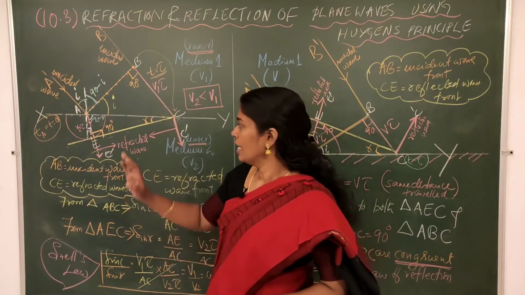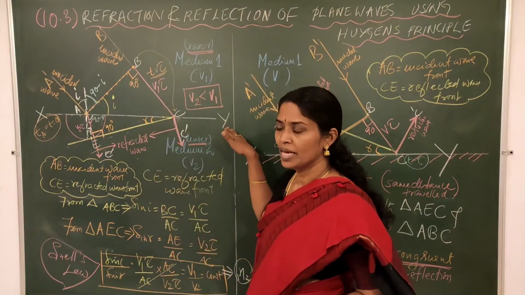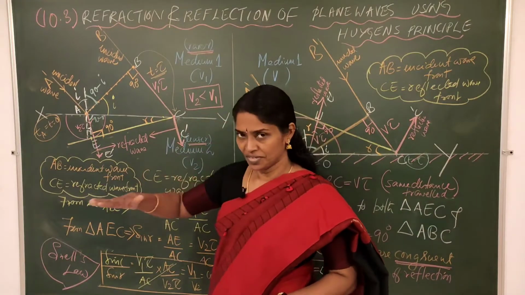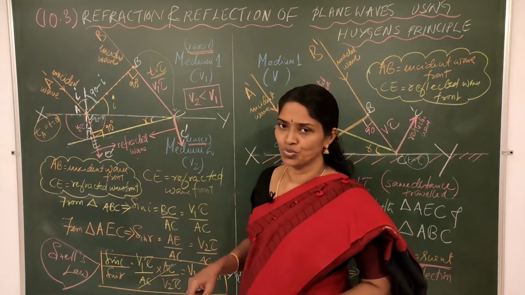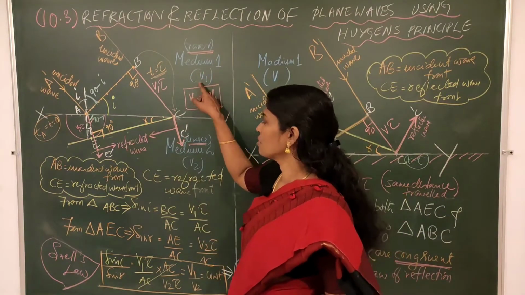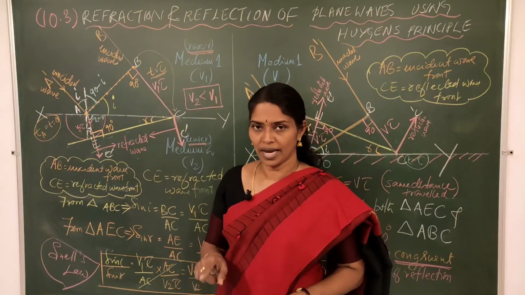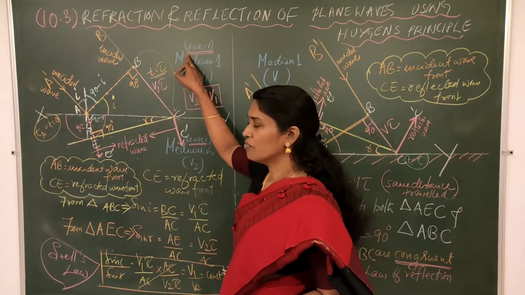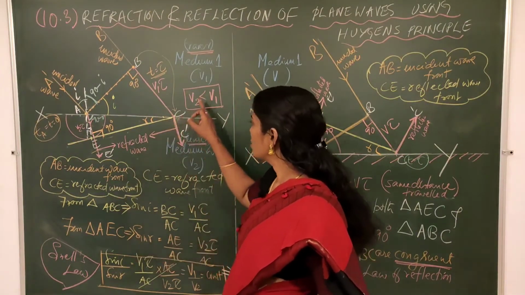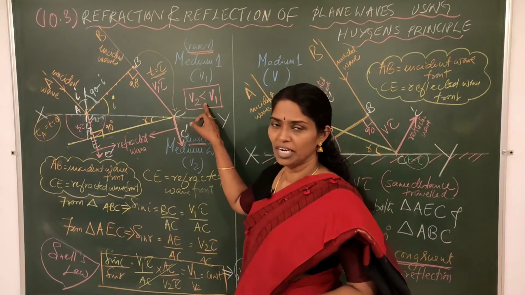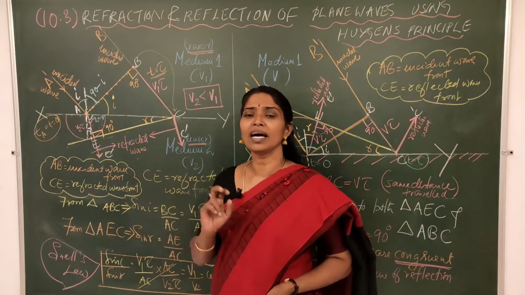Now, it is coming and falling on a surface XY. This XY is a surface which separates the two media, 1 and 2. Medium 1 has a velocity v1, medium 2 has a velocity v2. Medium 1 is rarer, medium 2 is denser. So the velocity of light in the second, denser medium is lesser compared to the velocity in the rarer medium.